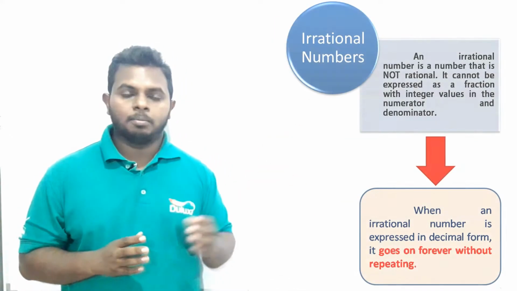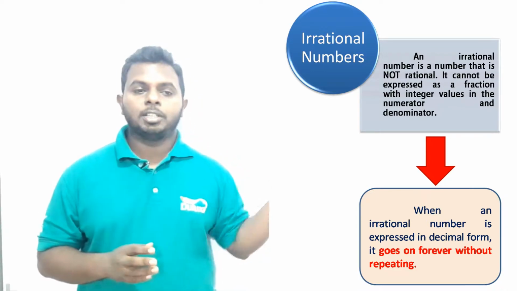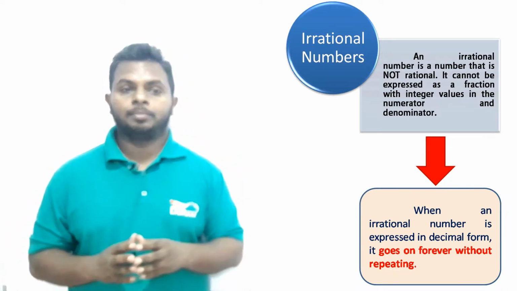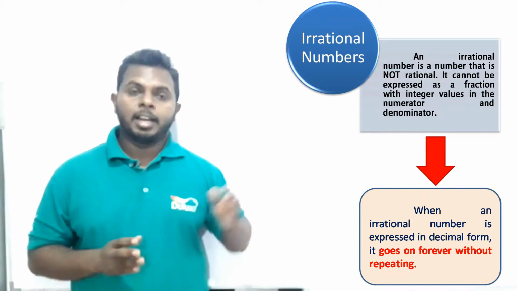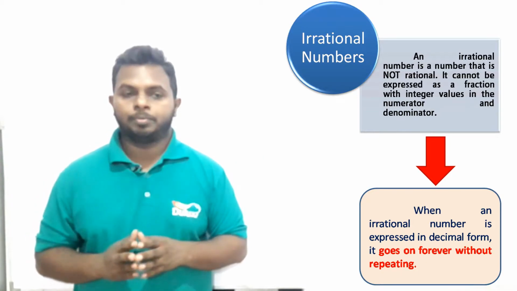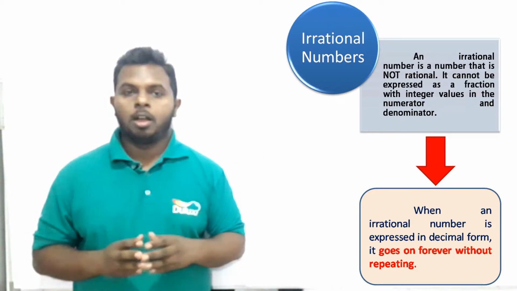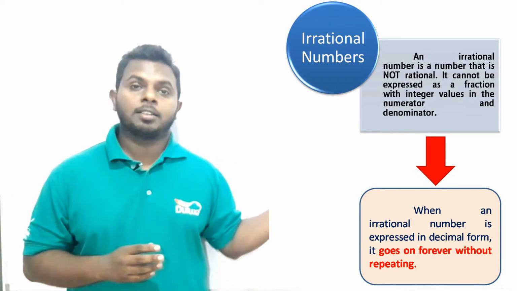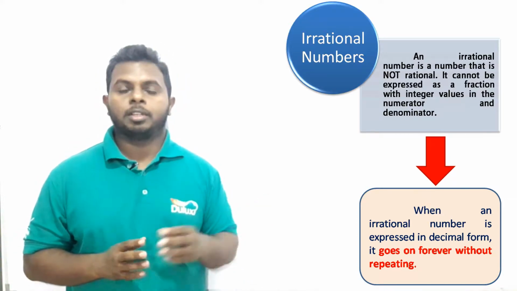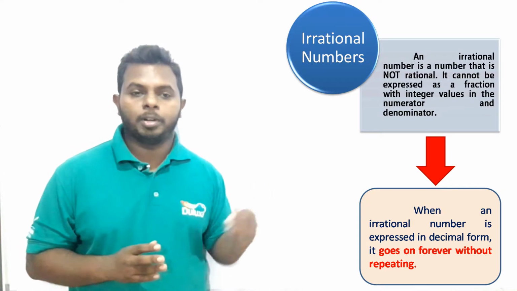What is an irrational number? An irrational number is a number that is not rational. In other words, it cannot be expressed in the form of p over q, or it cannot be expressed as a fraction with integer values in the numerator and the denominator.